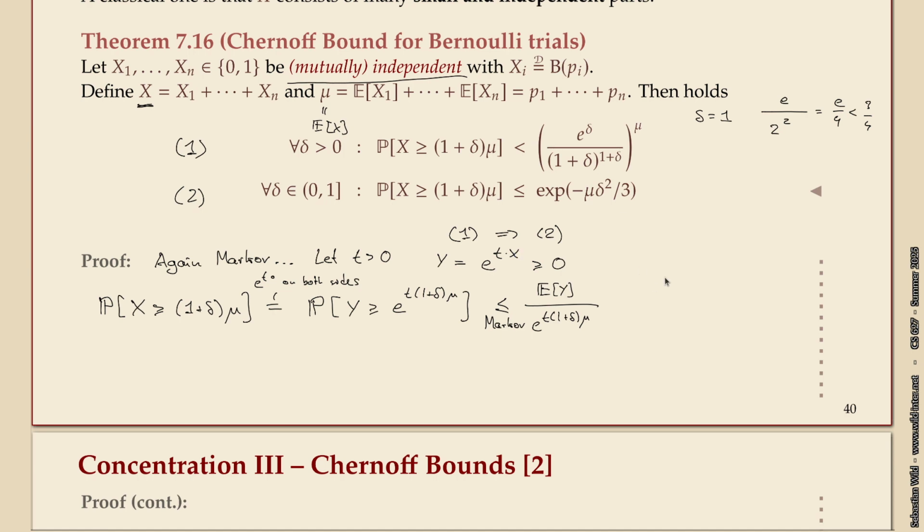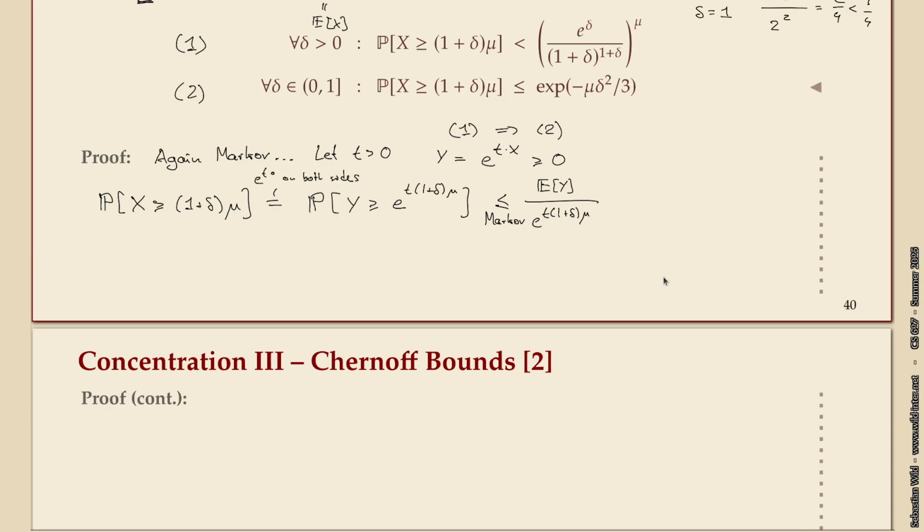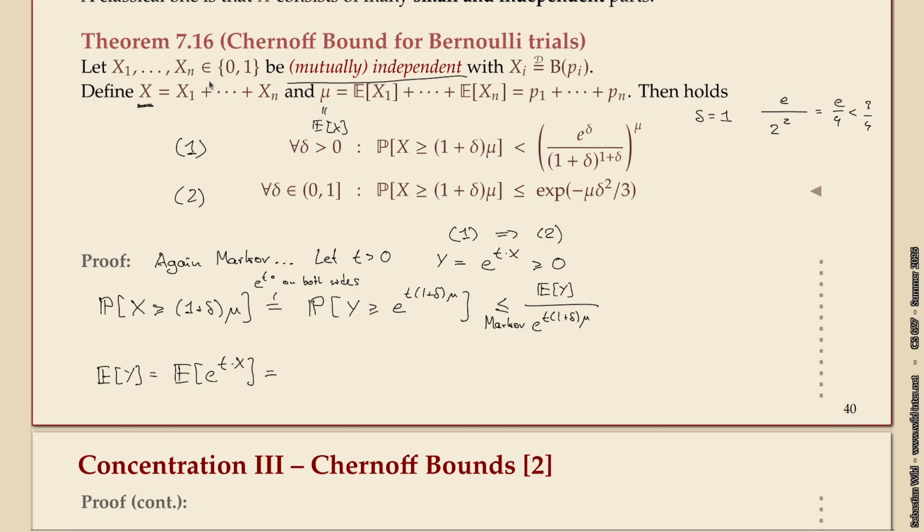We're going to carry around this factor in front for quite a while. So I'm going to take a pause here and just evaluate what the expected value of y is. Of course, just by definition, it's this thing. And what was x? X, the sum of all those independent Bernoullis, okay?